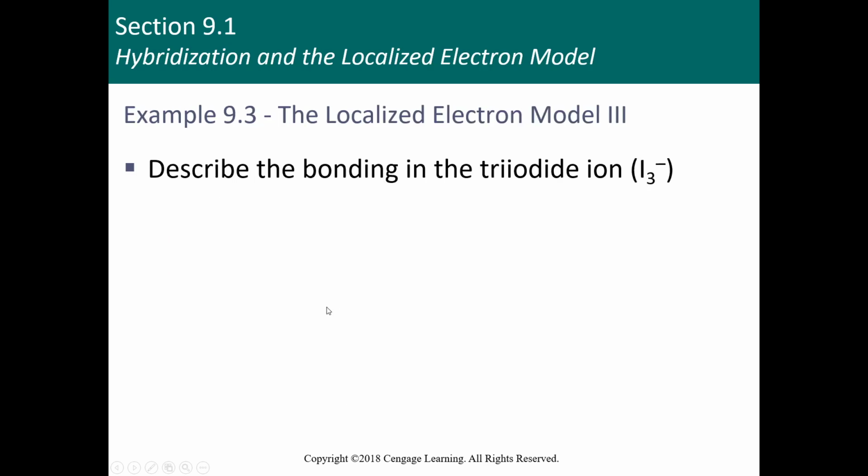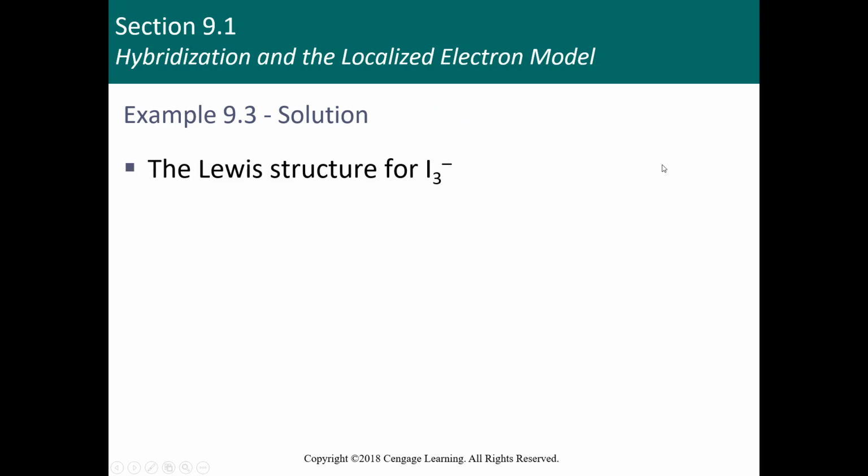All right. So let's describe the bonding in a triiodide ion. Now remember, when you do this, don't forget to add the extra electron that this negative sign right here dictates. And so when we do the Lewis structure, a correct way to do the Lewis structures, again, is just like I show you in those videos on how to do Lewis structures, or your book if you want to go back to your book.